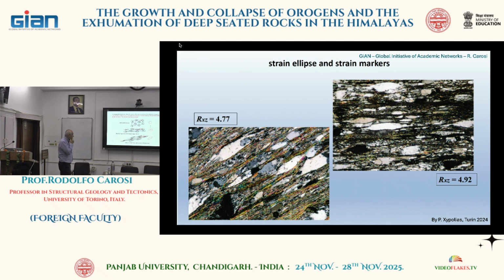Okay. When you have a good strain marker, you can try to use some of the available methods to calculate strain. For example, if you have some oolite in a rock, its undeformed state is represented by a circle. You have this circular shape of the oolite, perfect. The distance between one center and the other is more or less constant. So this length L is more or less constant from this one and the nearest neighbor.